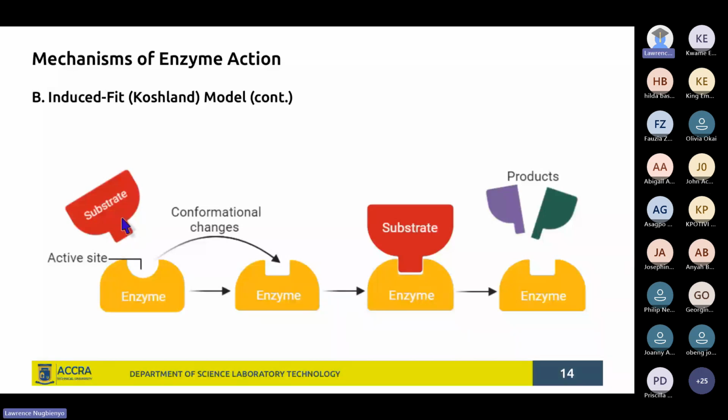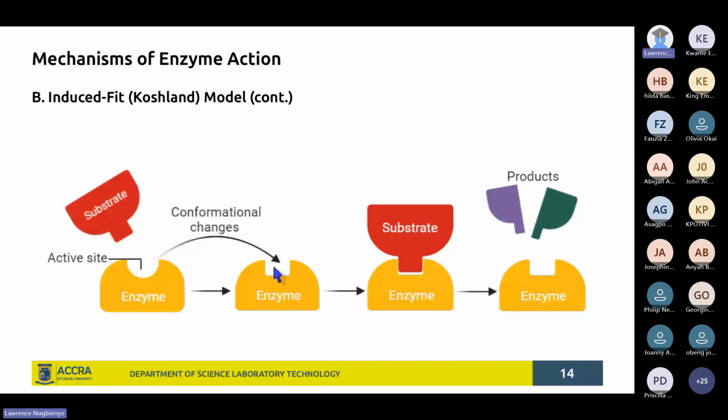So this square substrate is not perfectly fitting into the active site of the enzyme. But in the presence of the substrate, you notice that there are conformational changes in the active site of the enzyme, so that the active site of the enzyme now changes to have a square shape.